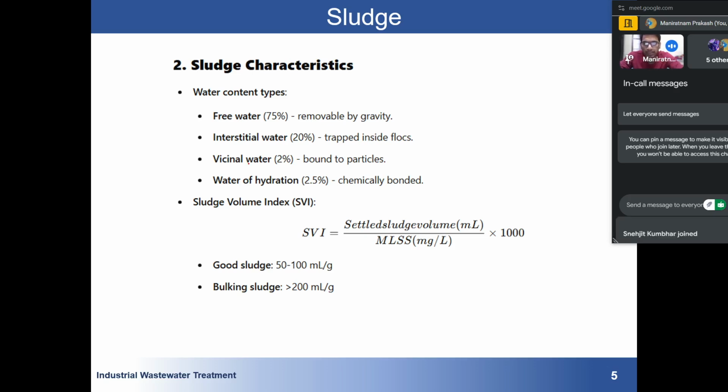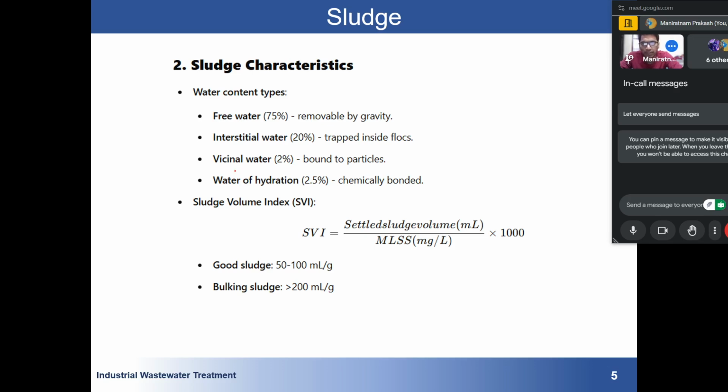Then we have interstitial water, trapped inside, between the particles. Some water will be trapped, so we have to remove it by another process.